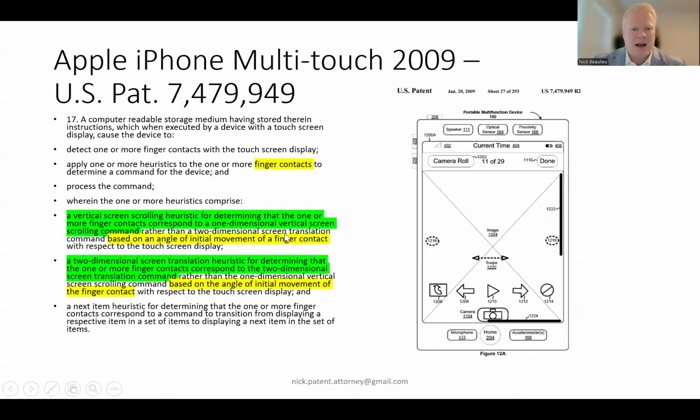I highlighted a few things I thought were interesting. So in yellow, I have finger contacts. So right away, if you were using a stylus instead of finger contacts, this is requiring the finger contact. So if you're doing something other than finger contact, that won't cover this.